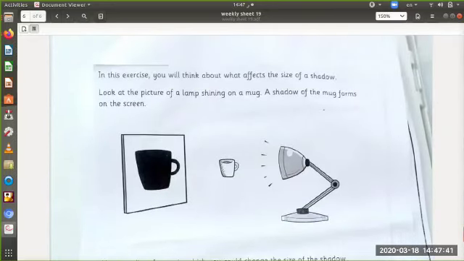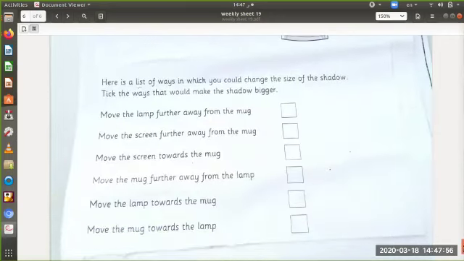For the next question, in this exercise, you will think about what affects the size of a shadow. Look at the picture of a lamp shining on a mug. A shadow of the mug forms on the screen. Here is a list of ways in which you could change the size of the shadow. Tick the ways that would make the shadow bigger.